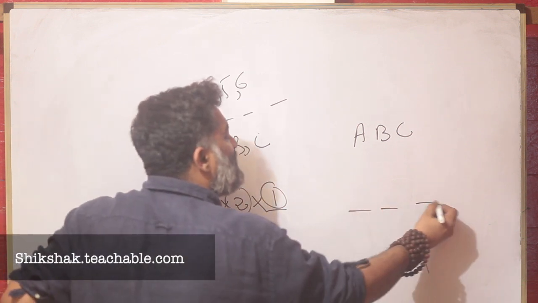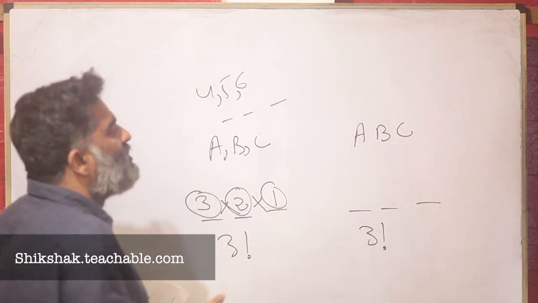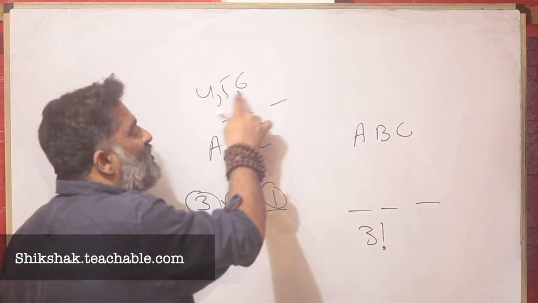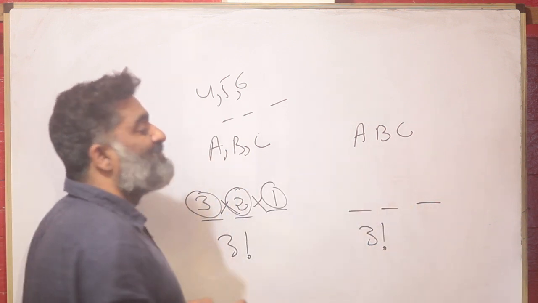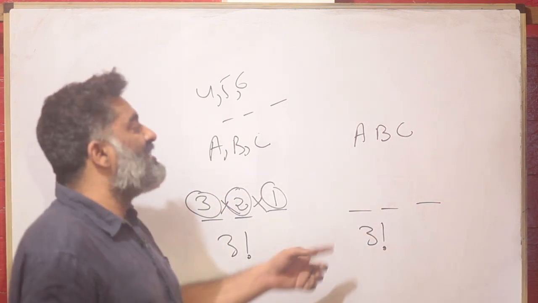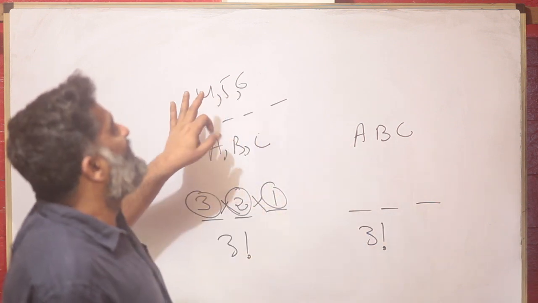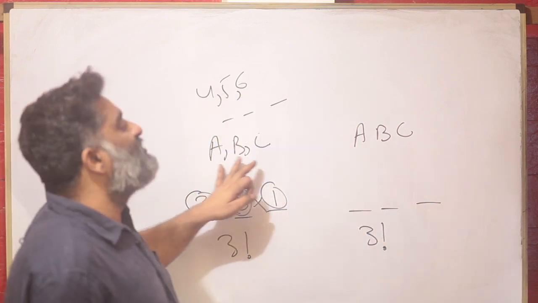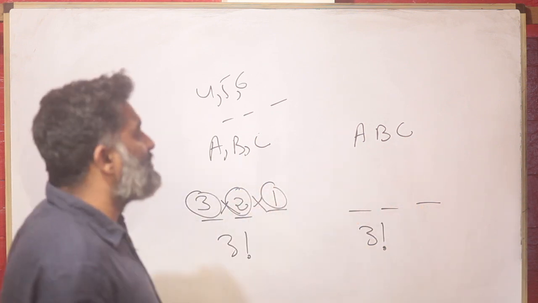The same logic and the same answer, 3 factorial. So whether it is arrangement of numbers, friends or letters, the basic logic is identical, because in this scenario all the problems are identical. 3 unique numbers, 3 unique friends or 3 unique letters, in each case your answer is 3 factorial.